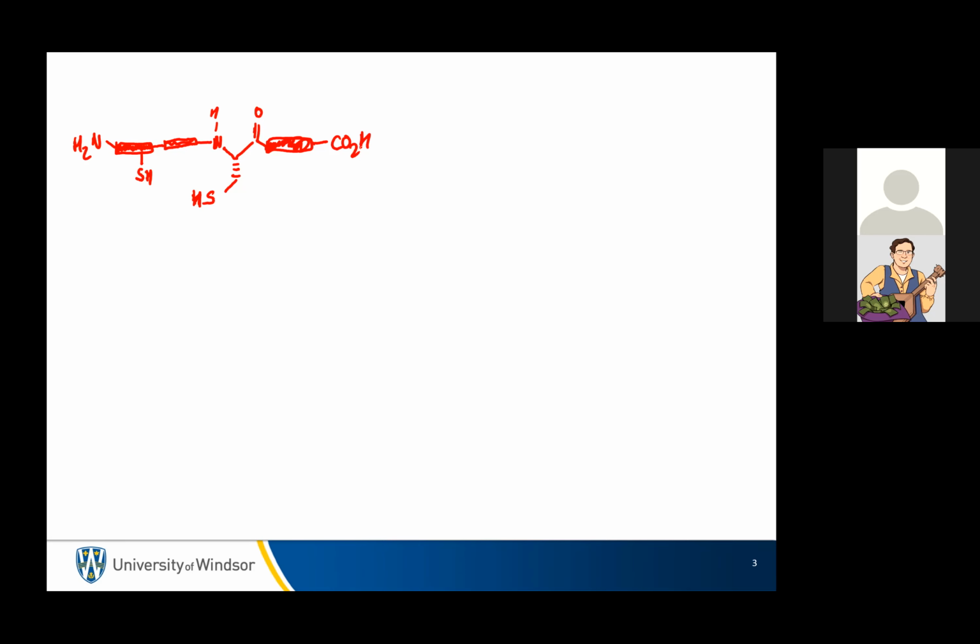So we can have these two cysteines, and if we treat that, all sorts of conditions, but it's basically just oxygen gas. If you dissolve your peptide in solvent and pump in oxygen, your cysteines will cross-link. Your sulfurs will cross-link.